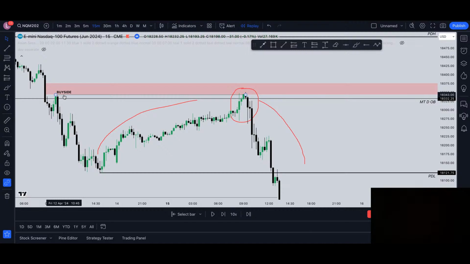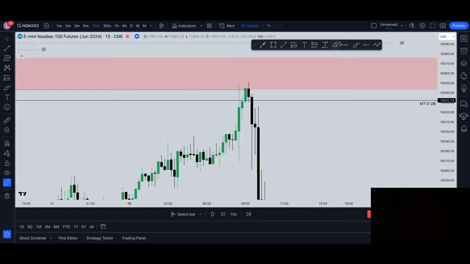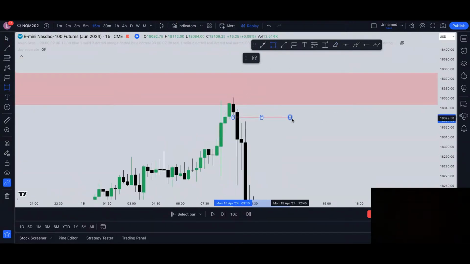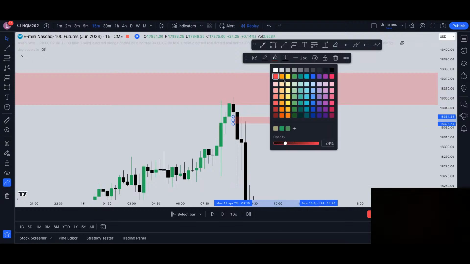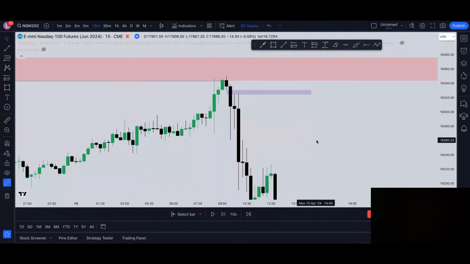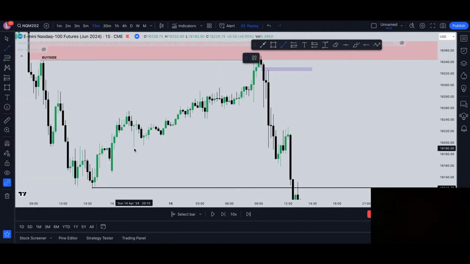High time frame key level PD array got taken. We can see this fair value gap on 15-minute. Then a nice sell off along the way.